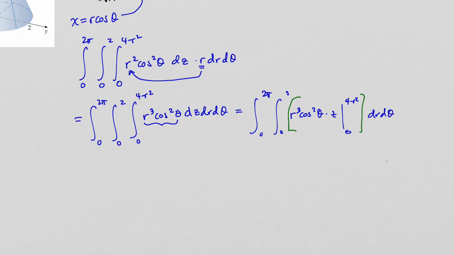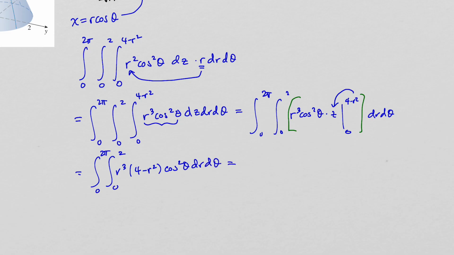So plugging in 4 minus r squared for z gives us r cubed times 4 minus r squared times cosine squared of theta, integral from 0 to 2 dr, integral from 0 to 2 pi d theta.